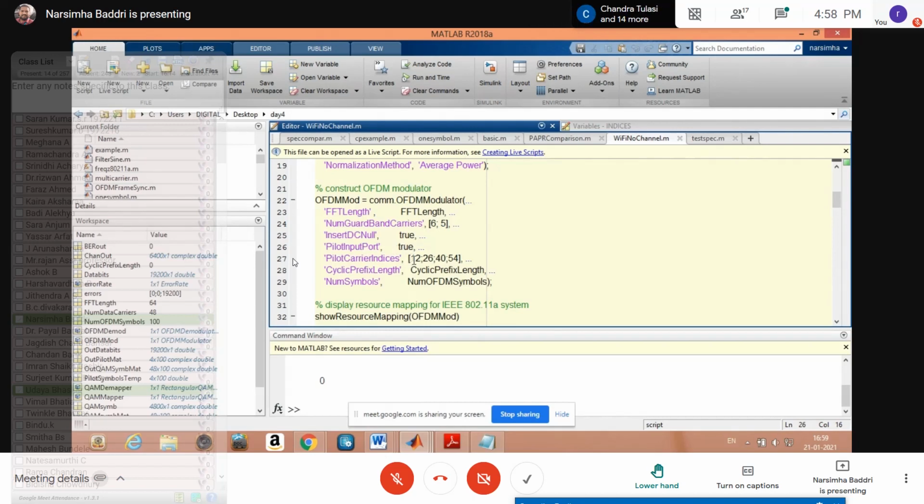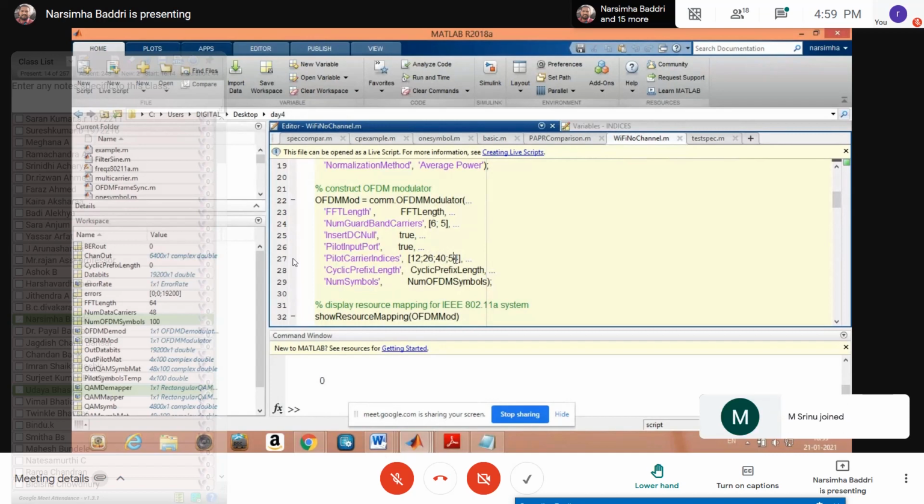Number of guard bands is 6 at the start and 5 at the end. Insert DC carrier or not: if you are interested in inserting a DC carrier, you can give the option. Then pilot input, if you want to insert the pilots.